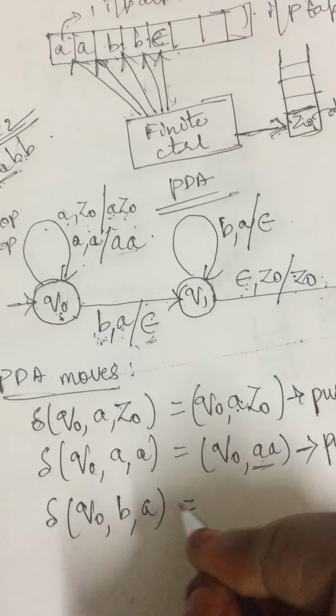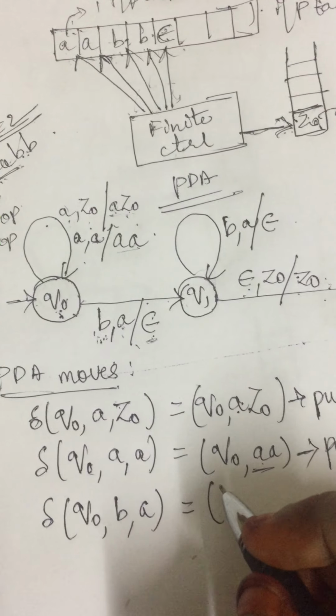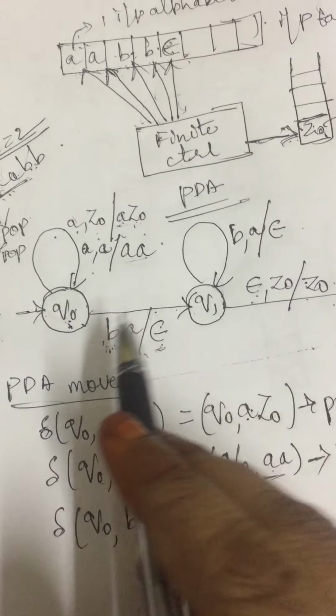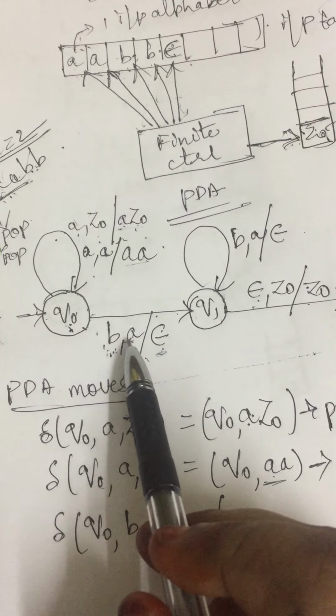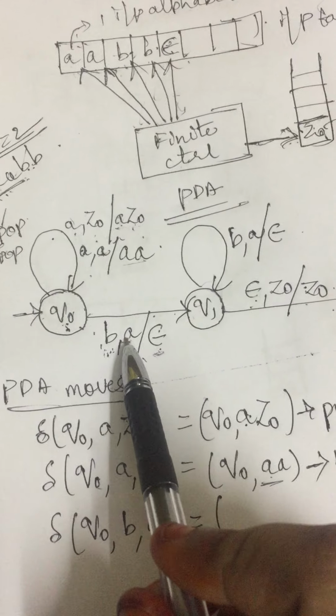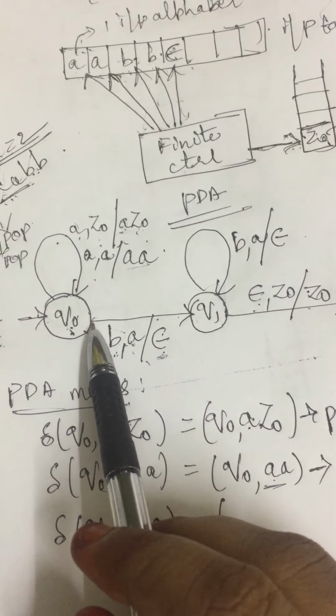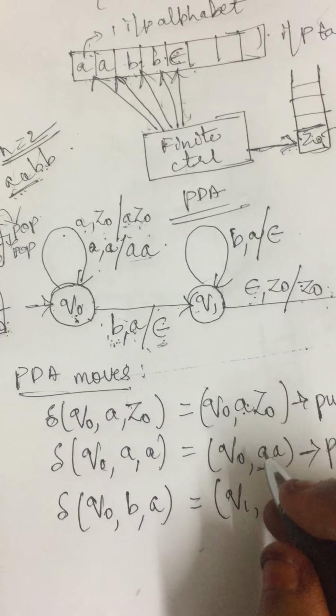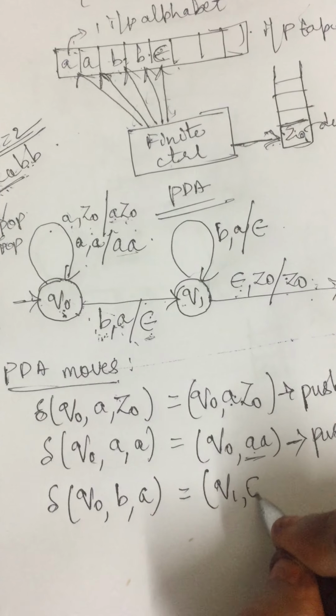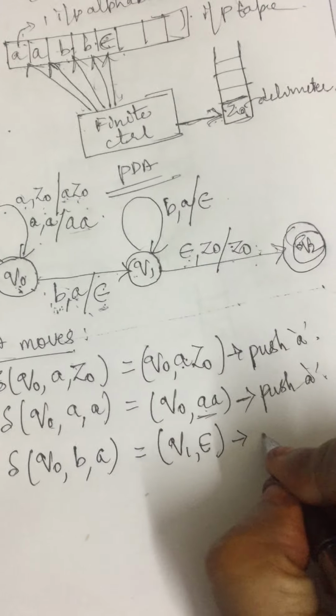So for each B, we need to perform a pop operation. While performing the pop operation, there is a change in state also from Q0 to Q1. So we need to write the change in state here, Q1, and the pop operation will be represented by epsilon.